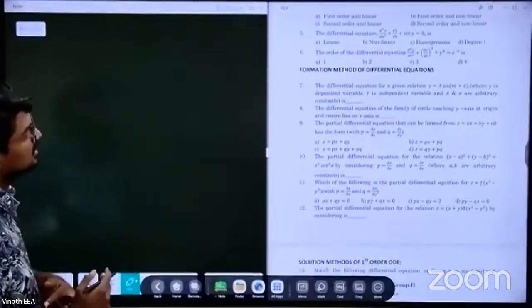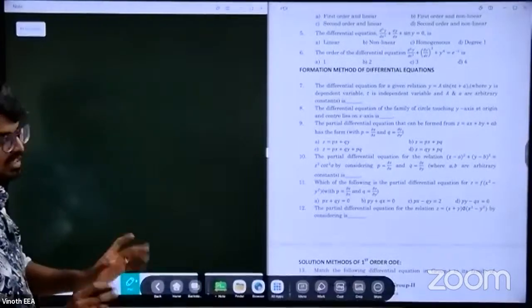Differential equation of family of a circle touching y-axis at origin and center lies on x-axis.